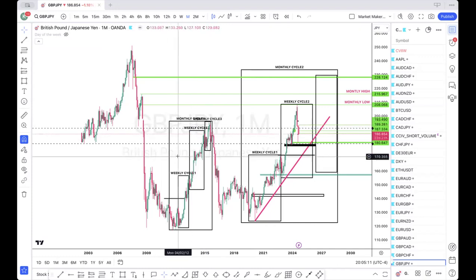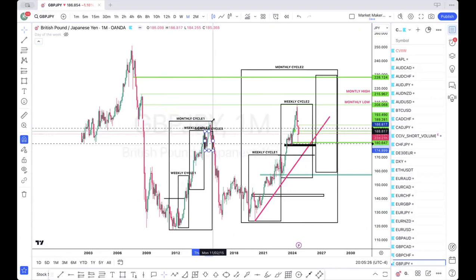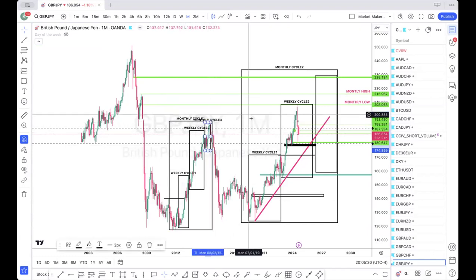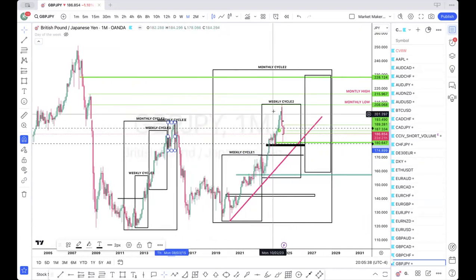So based on the bigger picture, we have one cycle completed. So we got the 3 moves within the month, within the 3 weekly moves within the monthly cycle. And then we had the pullback. So now we have the 1 weekly move. We're at the 2nd weekly cycle.